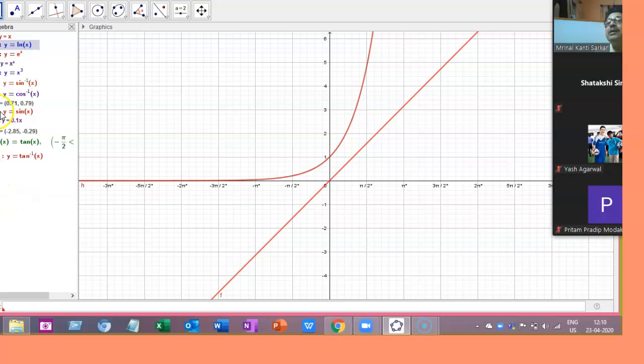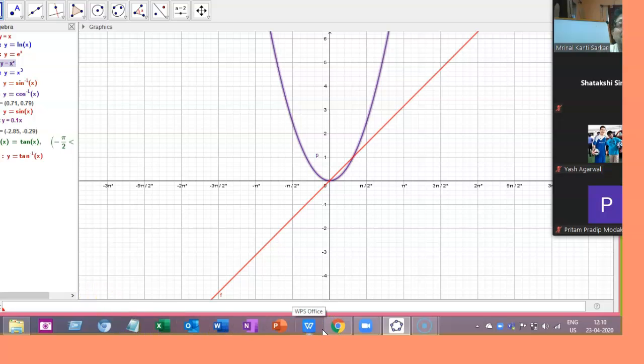Okay, so let us go for another one. If I take y equal to x square, all of you will see the solution mentally: one solution is 0, 0. The other one is going to be 1, 1. If we put x equal to 1, y is going to be 1.